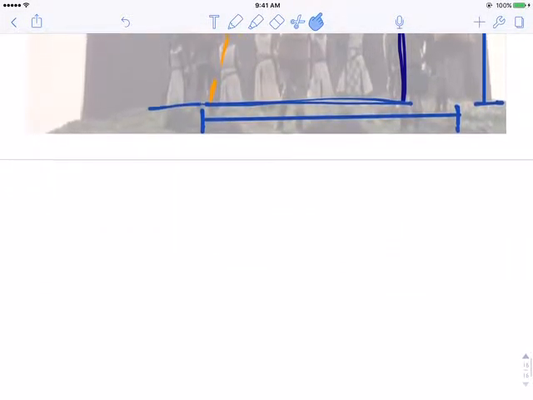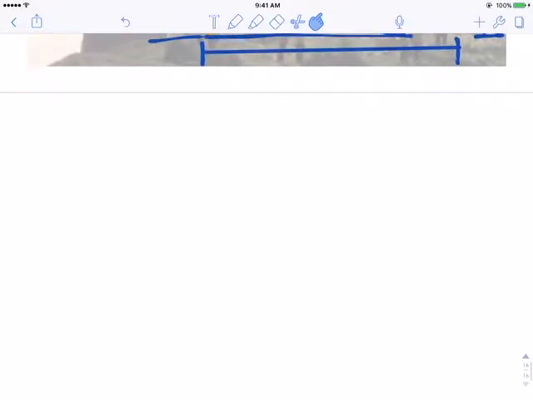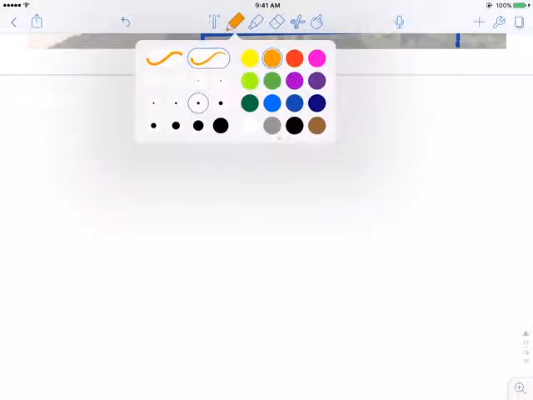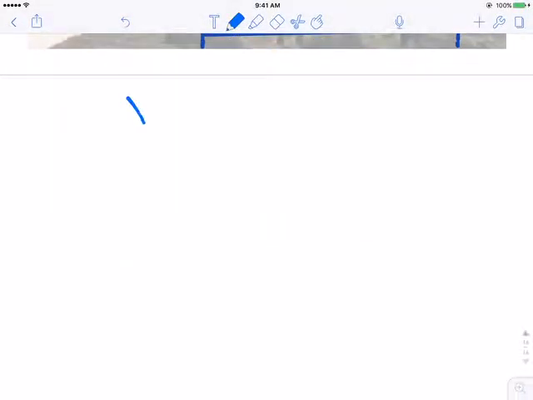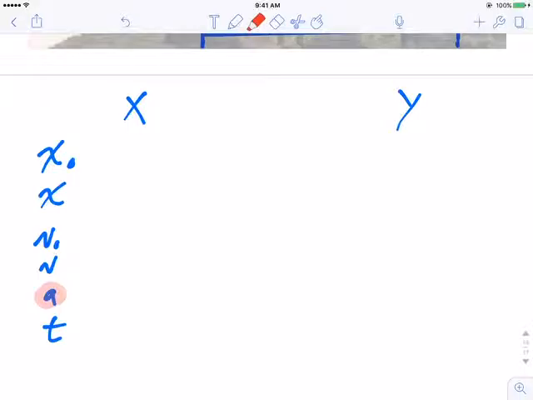So now let's go ahead and start organizing information. So once again, you have to remember, split things up, x-axis, y-axis: x initial, x final, v initial, v final, acceleration, time. Now, some of you might be going, well, do I need to put the acceleration since I know it's a projectile? And no, you don't.